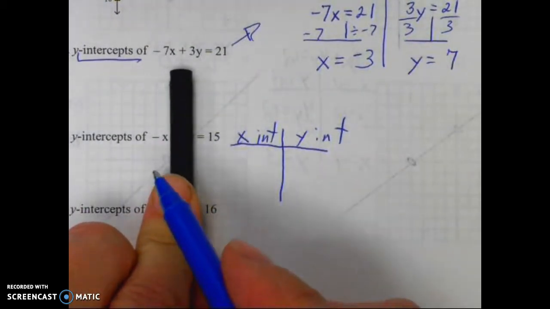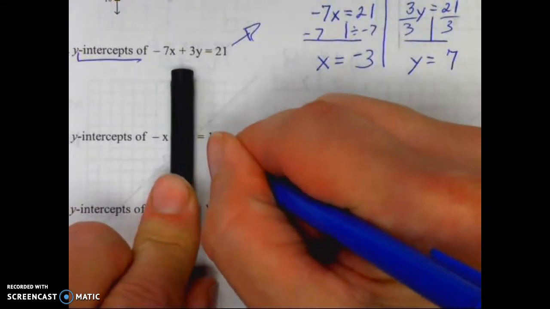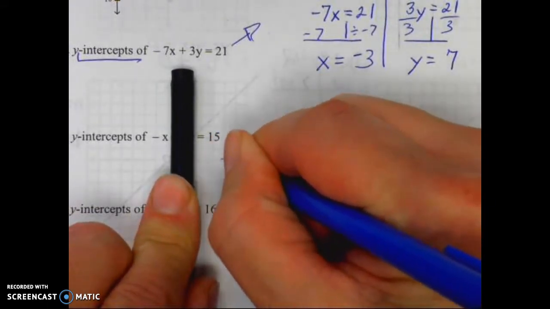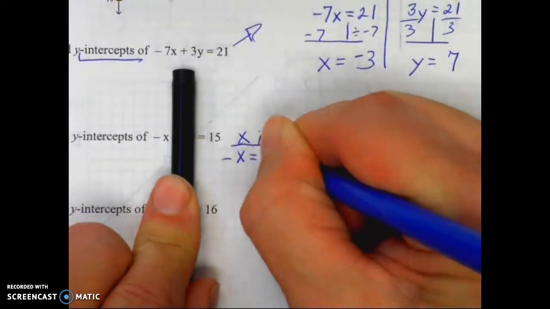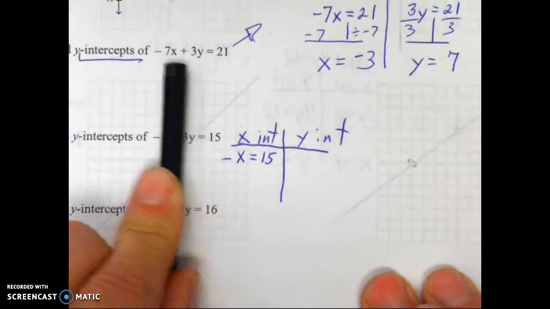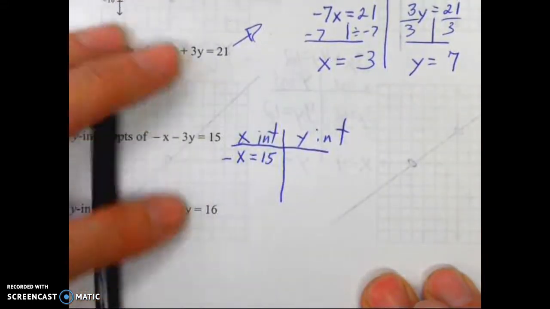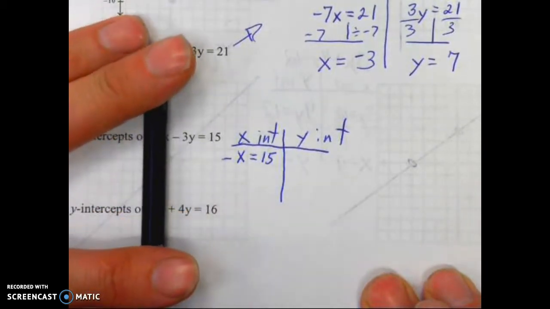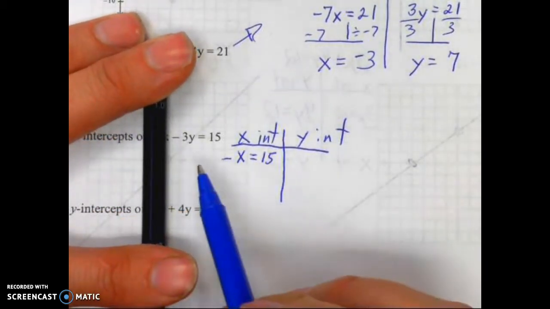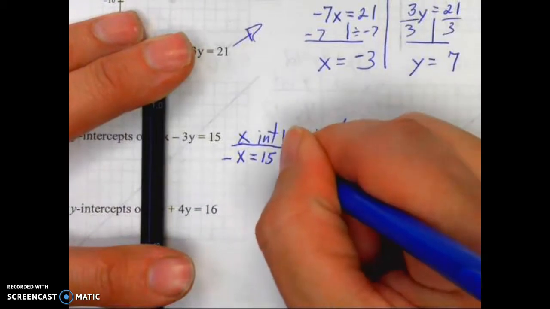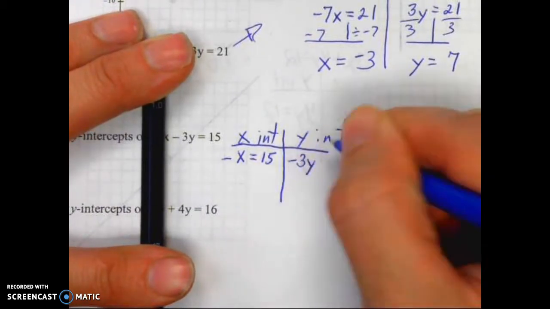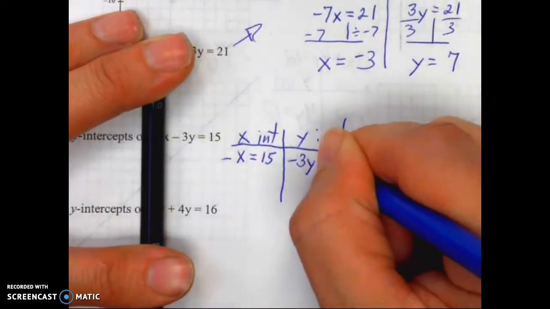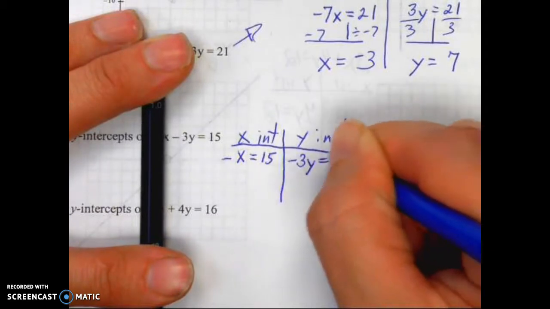That says negative x. So that's negative x equals 15. Y-intercept means ditch the x. Now, a lot of people forget this. That's not 3y. It's a negative 3y. And yes, if you forget that negative, this will be all incorrect.